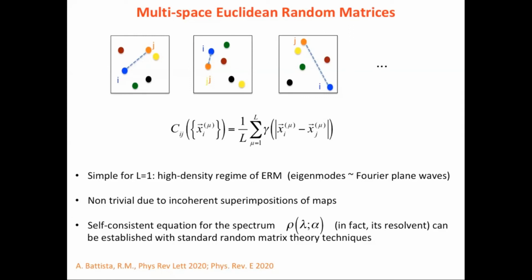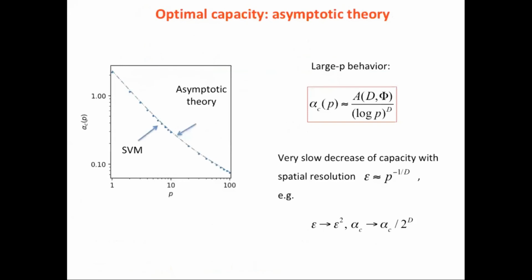From that, you can go back to the spectrum. If you want more details, you can look at this paper. And if you have this spectrum, then you can compute the critical capacity when P is large. Our main result is an asymptotic scaling of the capacity, the fraction of manifolds that can be stored as you increase the number of anchoring points P, which decays as 1 over log P to the D, with some proportionality factor that depends on the dimension of space and the size of the place field.